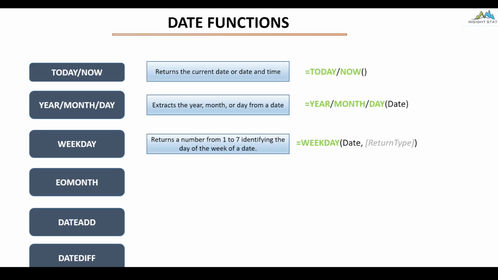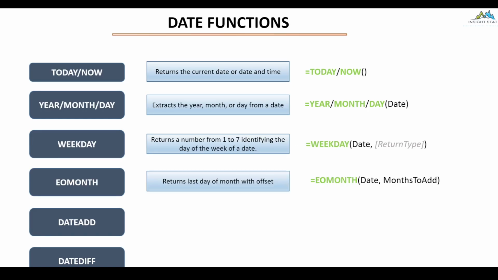EOMONTH is a little tricky, but it's also very important. So what does EOMONTH do? It returns the last day of the month with an offset. Now that offset can be back in the past, or the offset can be in the future. For example, if I call in EOMONTH of a date and I add, let's say, 1.